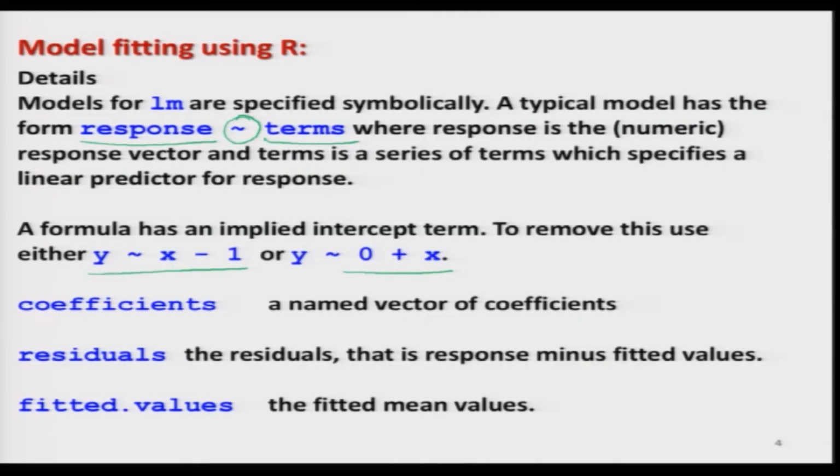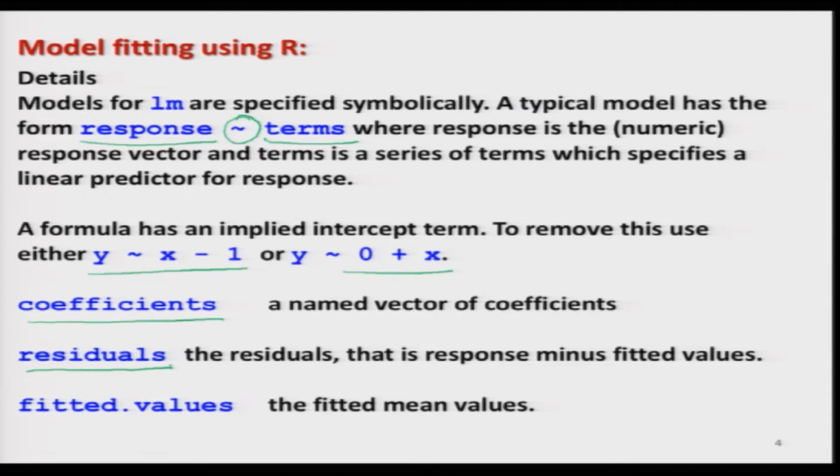Okay, so now once you have fitted a model, there are different options which can be exercised to extract a particular value. Suppose you want to extract only the regression coefficients, then you have the option to use coefficients.